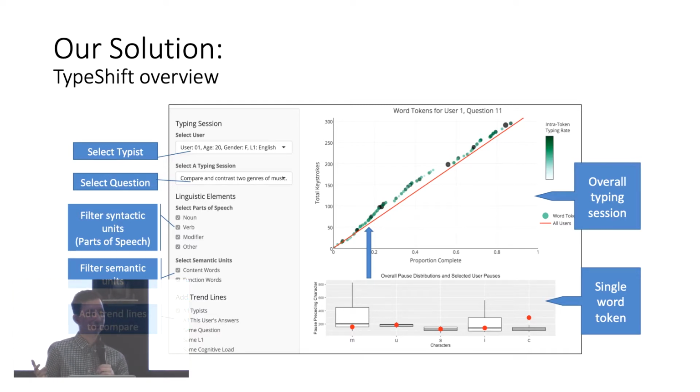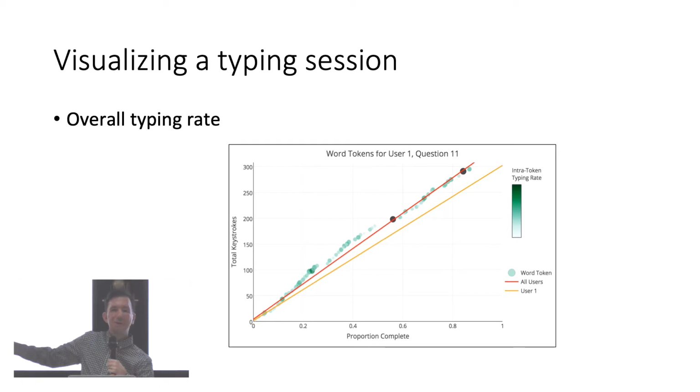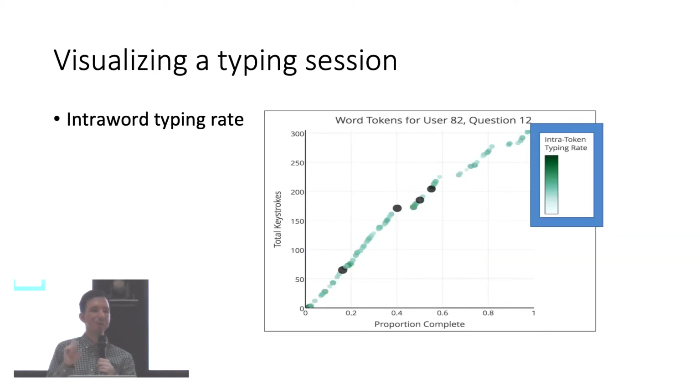So what are some interesting things? We can see overall typing rate. In this case, this typist, this session, is pretty average. So you might look at it and say, there's nothing special. But this is actually really fast for this particular typist, as you can see by how much steeper it is than the yellow line. Another thing we can look at is the typing rate of each individual word, and that determines the color, the hue of each dot.